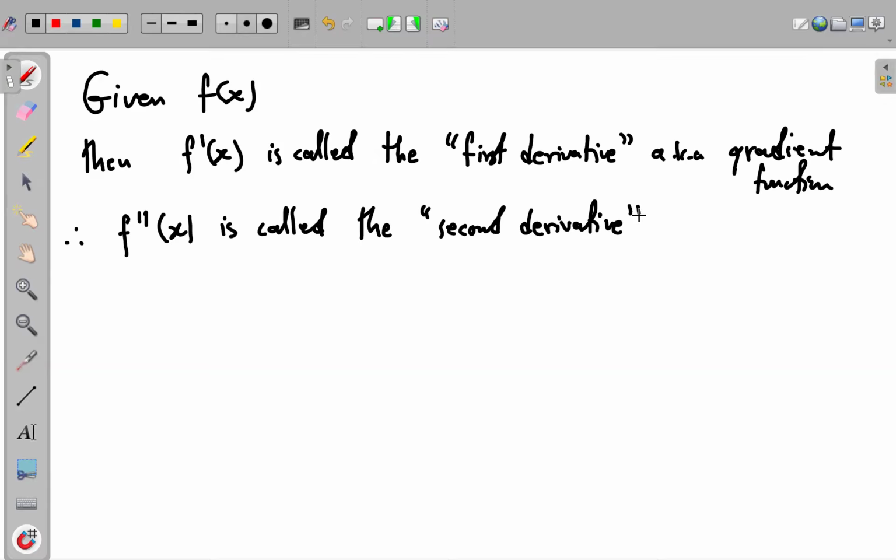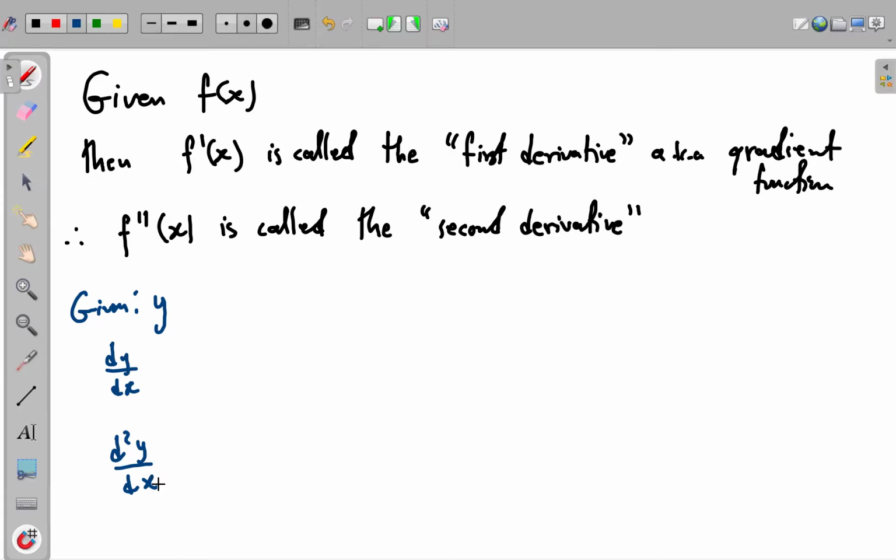Okay. Now, if I give you y, I want to show you how it works with other notations. If I give you y, then dy dx is your first derivative, which means that will be your second derivative.